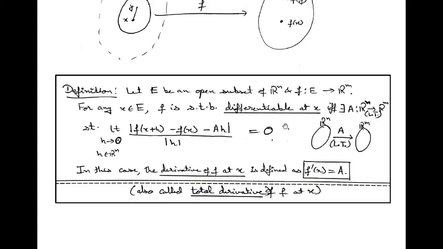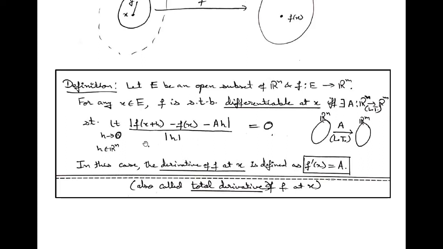In that case, the derivative of the function at this point x, which we generally write as f'(x), will be this linear transformation. It's an amazing concept: for functions of several variables from an open subset of Rn to Rm, at a point in the domain, a function is differentiable if and only if there exists a linear transformation satisfying this condition, and the derivative at that point x is that linear transformation itself.